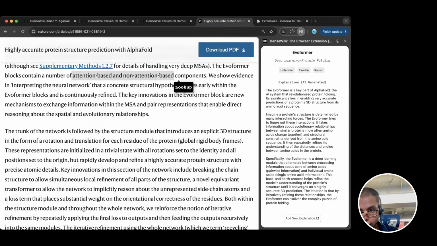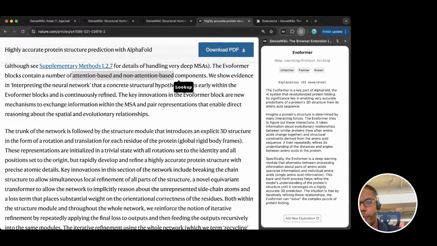Imagine a protein structure is determined by many interacting forces. Okay, the information about evolutionary relationships is from the pairwise features, and the structural constraints are from the MSA, right? The sequence itself, basically.